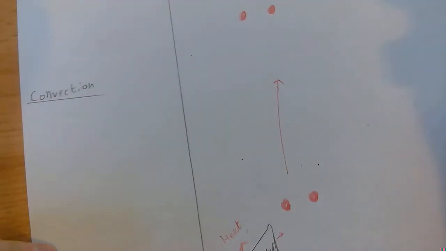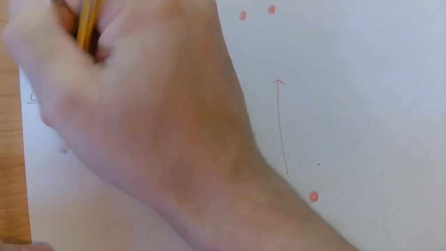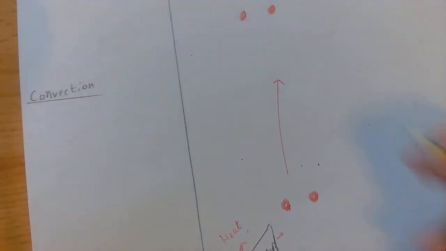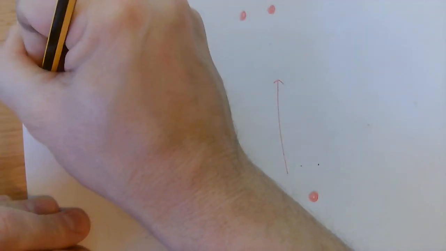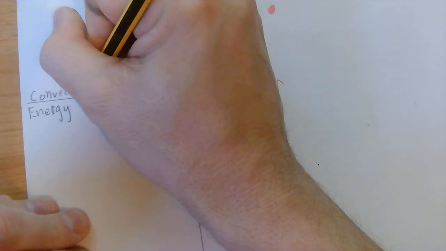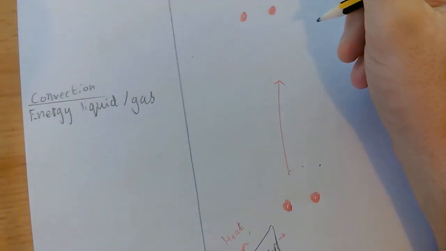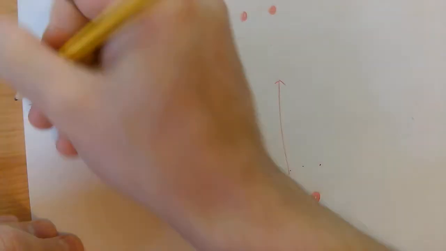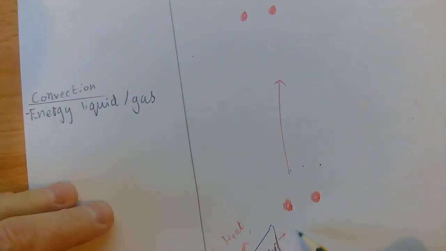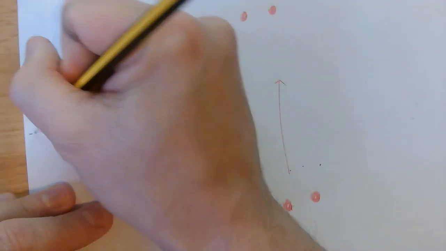So if we go back to the beginning, when we talk about energy transfer, it may take place in a liquid and a gas when we're talking about convection. Now here I said the particles move further apart from each other, so we're going to get that down.